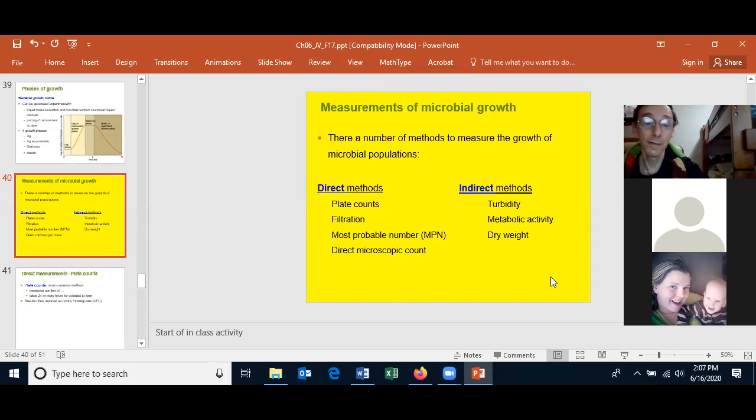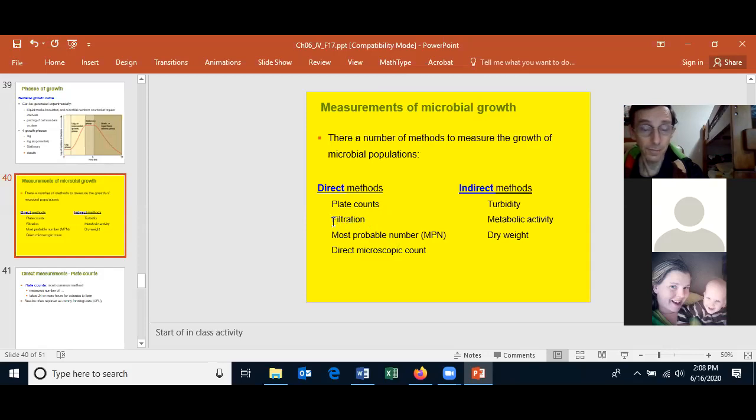Okay, so the direct methods, you can do a plate count, often called a viable plate count. We'll talk about that more. Filtration, where you filter the cells. So that would usually be a liquid media, and you send it through a filter.